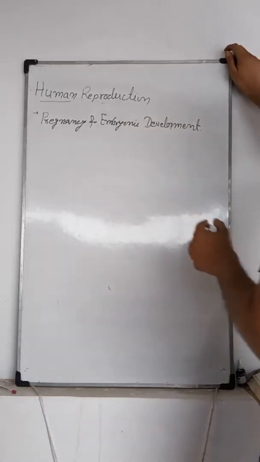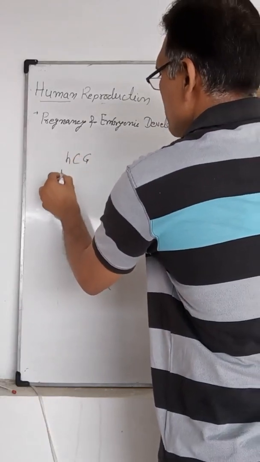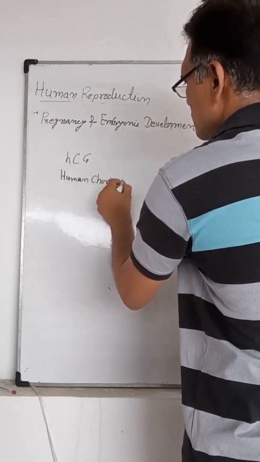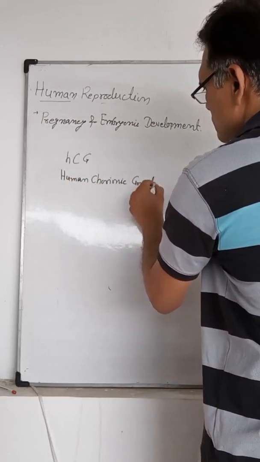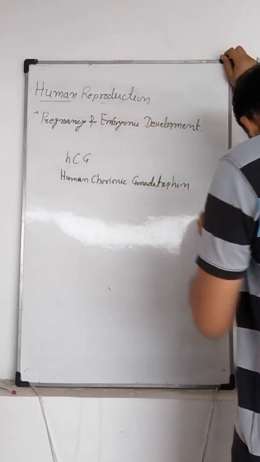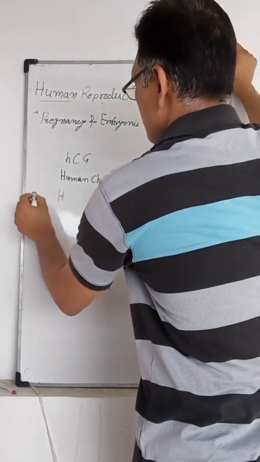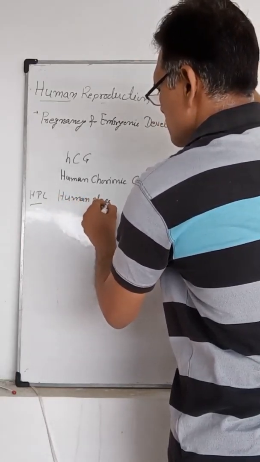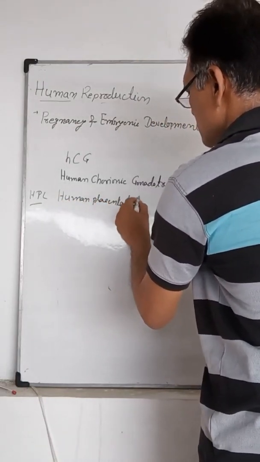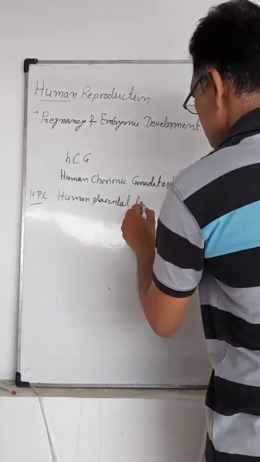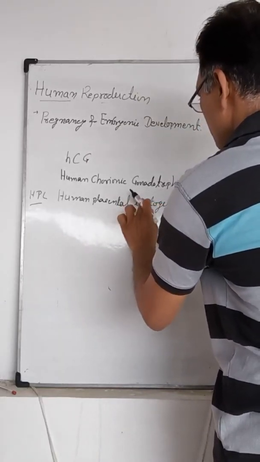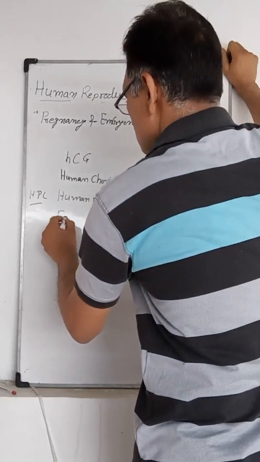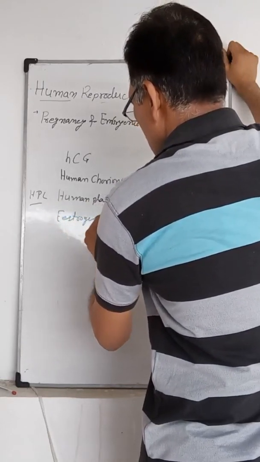It releases HCG, human chorionic gonadotropin, human placental lactogen, HPL, and estrogen and progesterone.